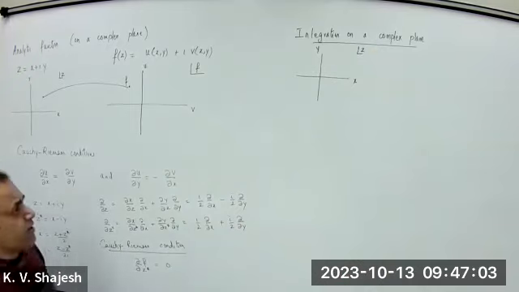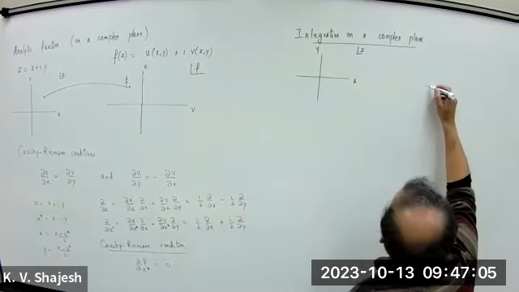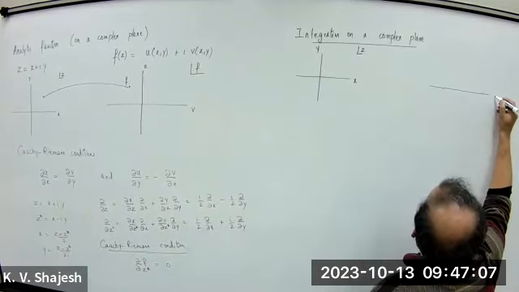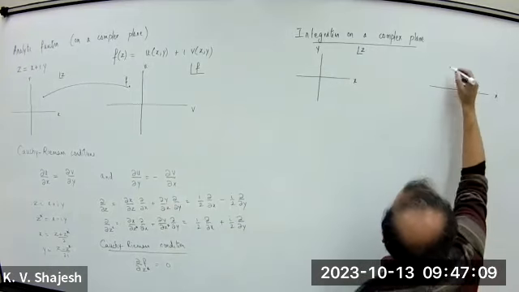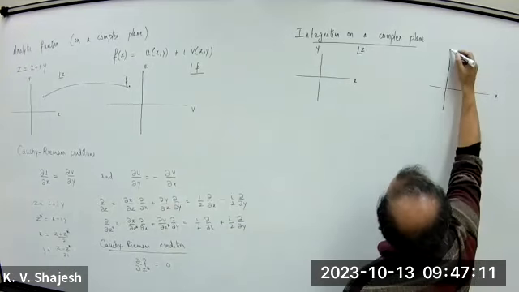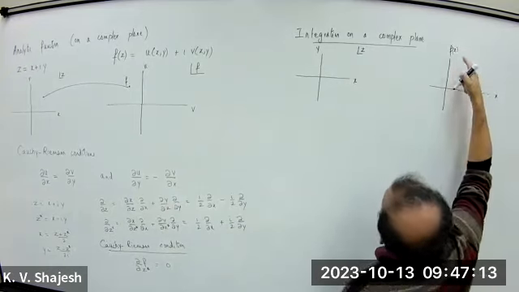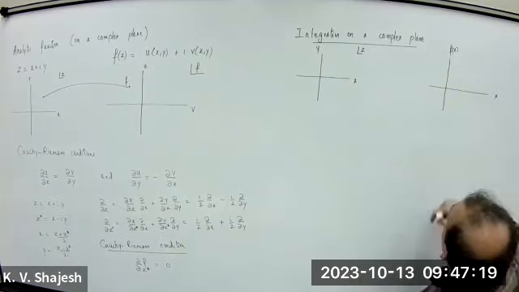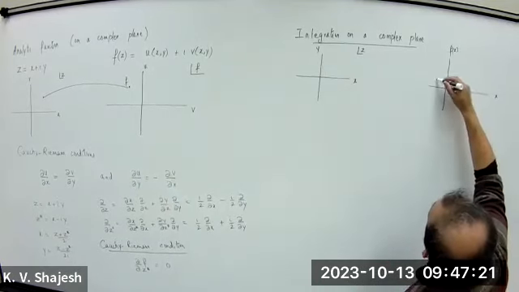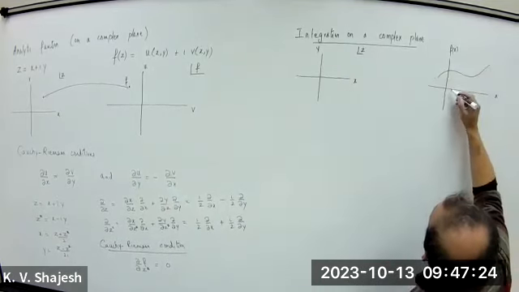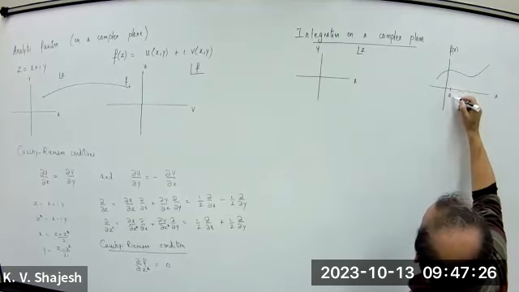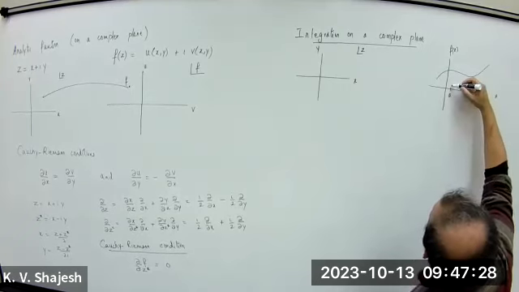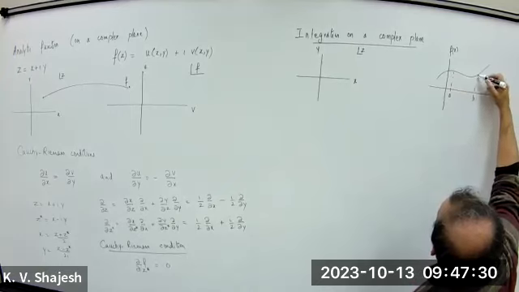For example, if I'm doing real integration, this is x, and it's convenient to put f of x there. If you're doing the integral, this is a, that's your b, that's the area underneath.